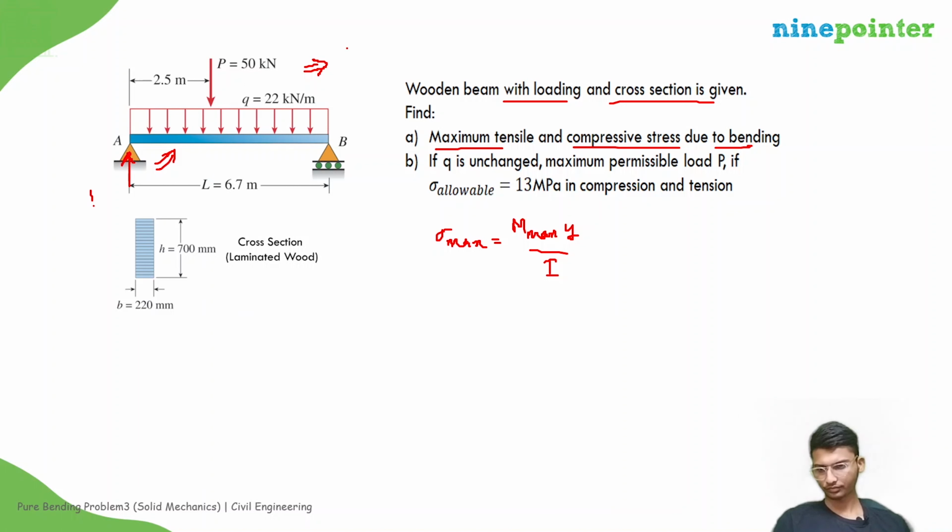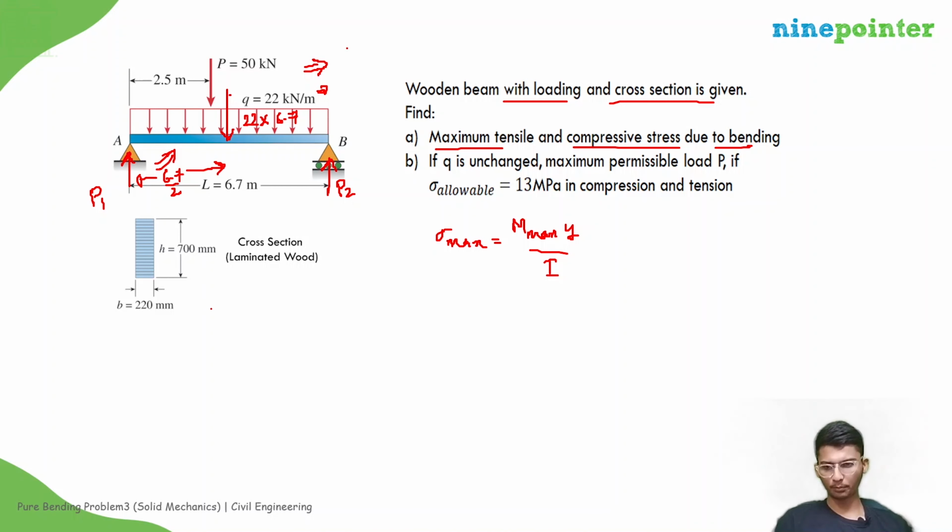this is P1 and this is P2. Then this will be 50 kilonewtons and this will be acting at 22 into 6.7, and this will be 6.7 divided by 2.